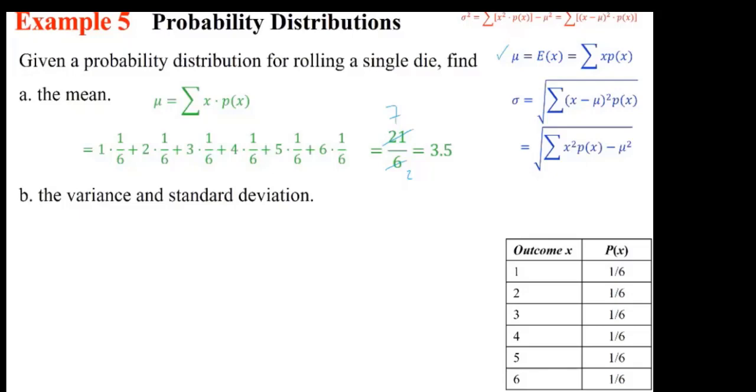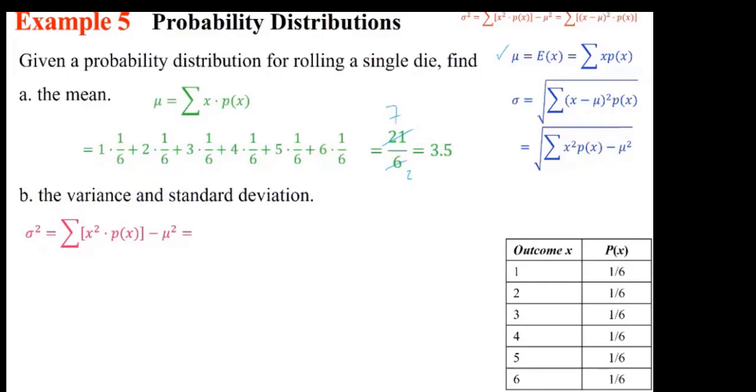For example, sigma squared is the summation of x squared times p of x minus mu squared. So what does it mean? I want to make sure everybody can see that if we were looking at the table.